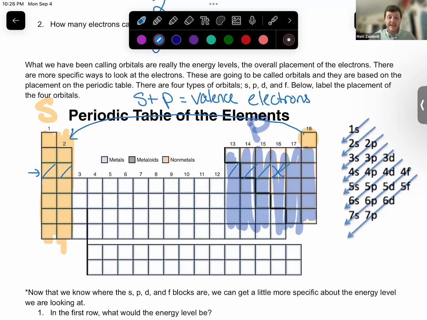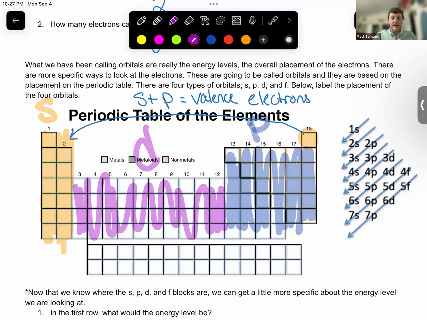Sulfur has 6 valence electrons. So that's how we count our valence electrons in any element we're looking at, except for our transition metals, that middle section, and that's where it gets tricky and they have options, and that's going to be a little bit more clear later. But our transition metals are going to be called our D block.